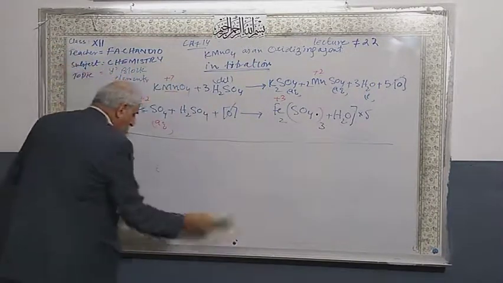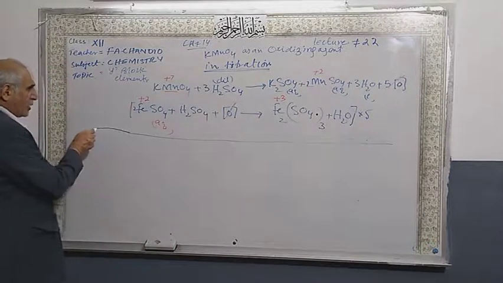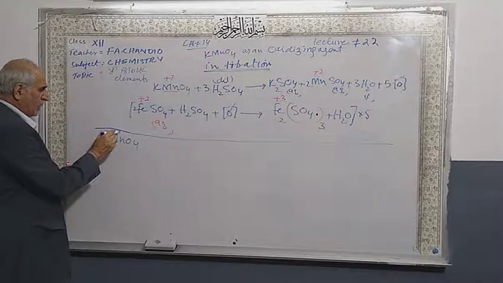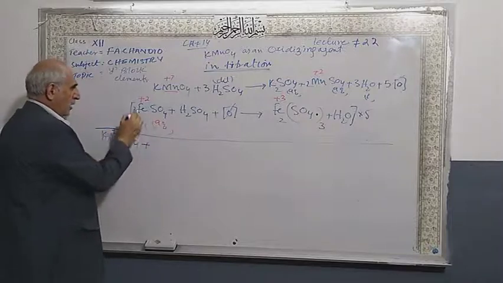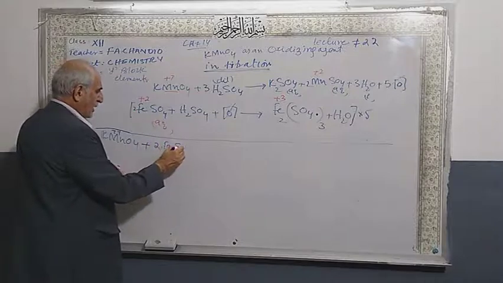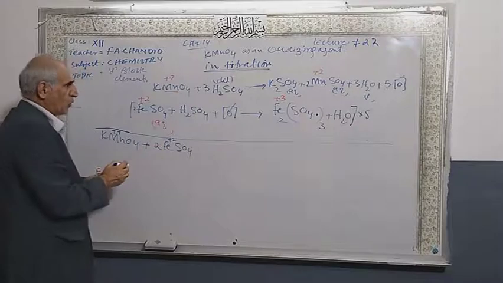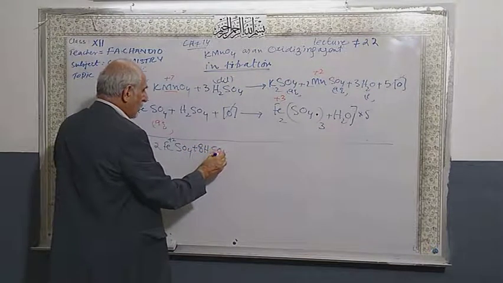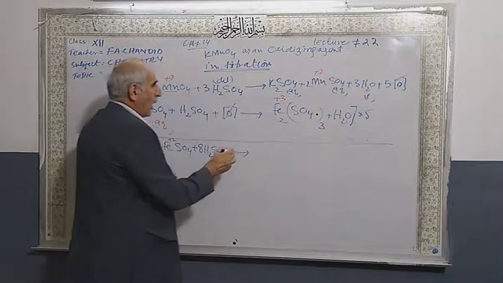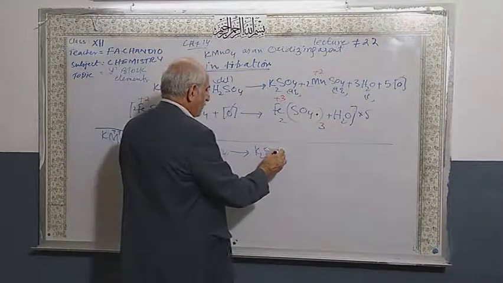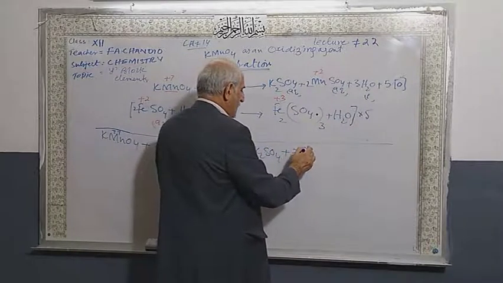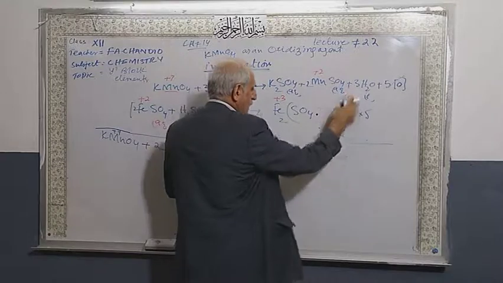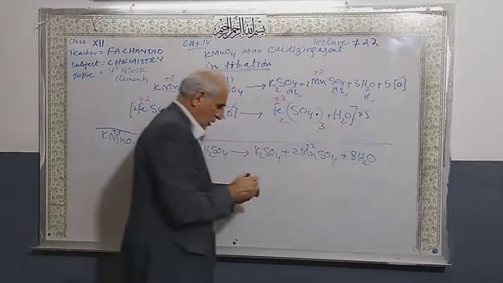So now you have the overall reaction: potassium permanganate, positive 7 oxidation state on manganese, plus 2 ferrous sulfate, oxidation number of iron positive 2, plus 3 of the 8 dilute sulfuric acid, oxygen is consumed here, and potassium sulfate with little change in oxidation number, manganese sulfate, yes, the oxidation number is going to change, reduction taking place, and 5 water and 3, 8 water molecules.